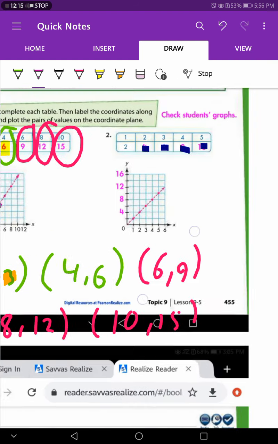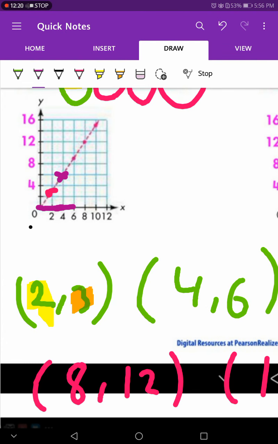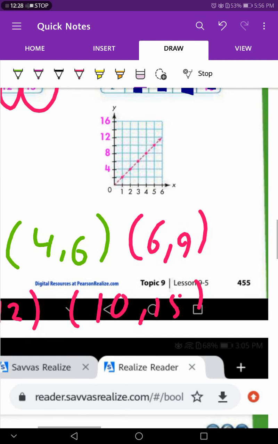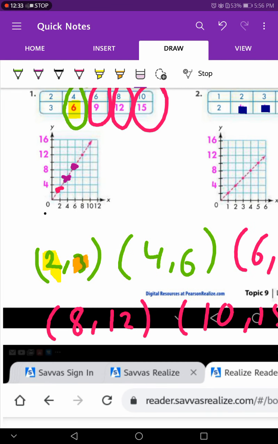And the third one, 6 to the right, 9 up. Okay, and then 8 to the right, 12 up. Yes, and the 12 up.